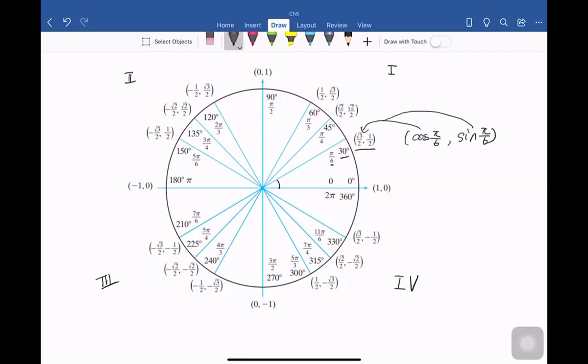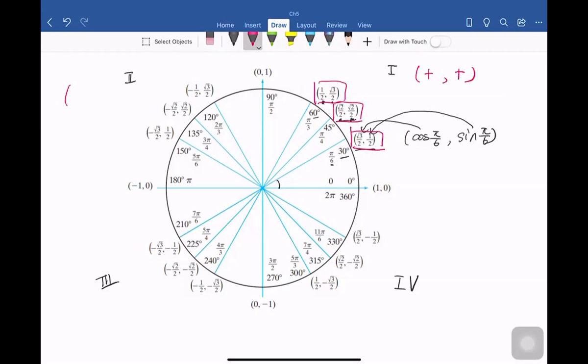So they are here. And this one is cosine pi over 4, sine pi over 4. Cosine 60 degrees, sine 60 degrees. So right now we know 3 specific points here, and this is in the first quadrant. We have learned in the first quadrant, the x, y values are all positive.